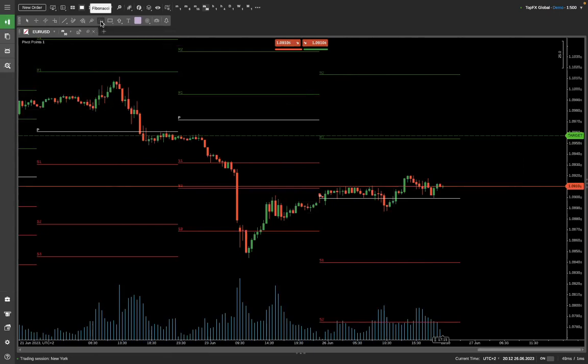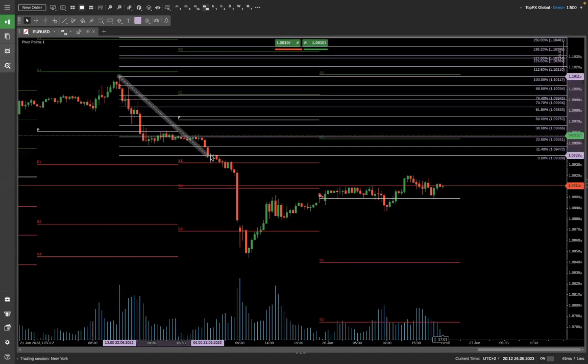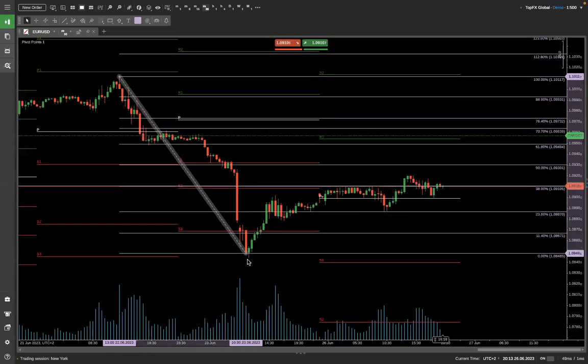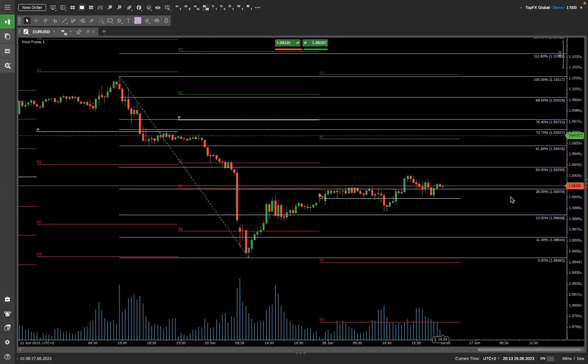Let me show you, for example, the Fibonacci retracement from this high to this low. So right now the market retraced more than 30%. You can see how it has been consolidating around this 38% retracement level of the previous swing down.